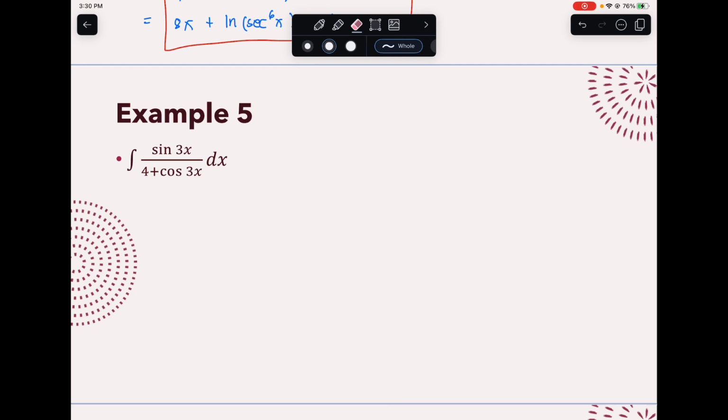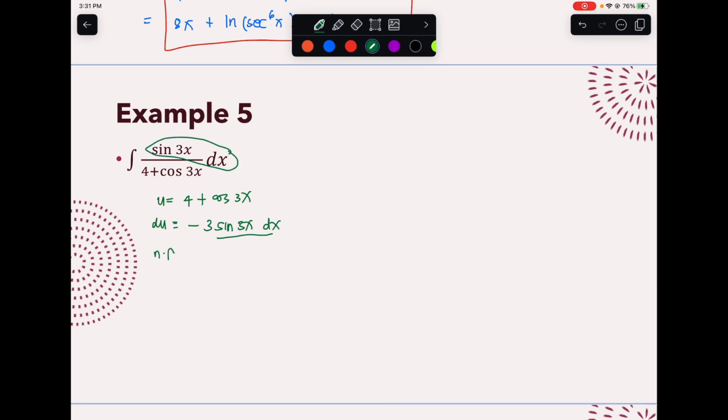So we try the logarithm because in this case, if we let u be equal to 4 plus cosine 3x, we can derive this: the derivative of 4 is 0, the derivative of cosine 3x will be negative sine 3x, and then the derivative of 3x is 3 dx. So negative sine 3x times 3 dx. This is sine 3x dx.